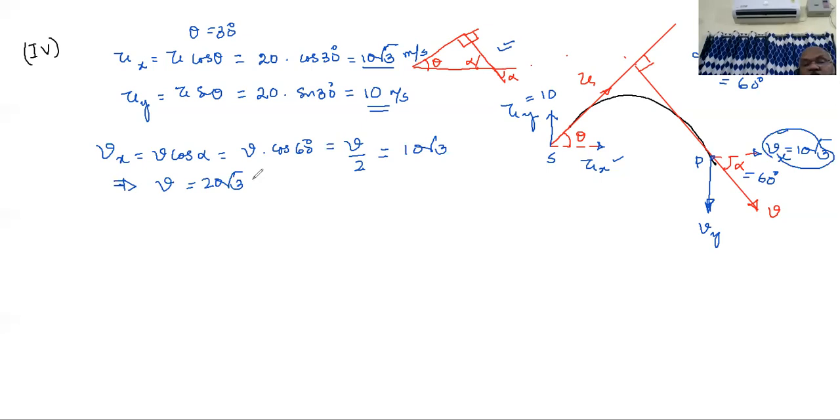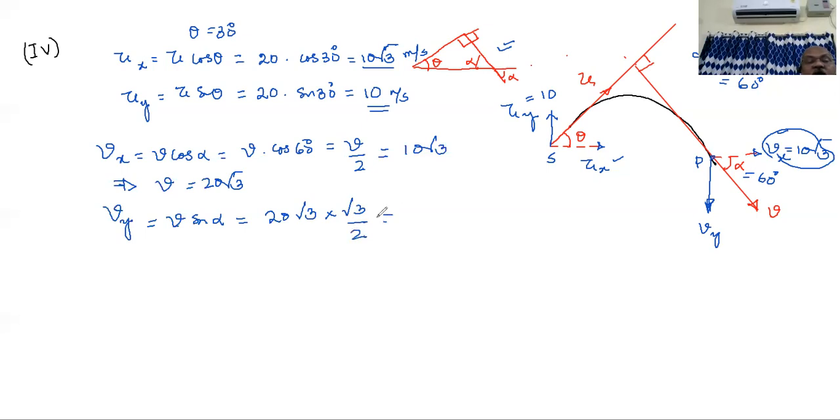Meter per second, obviously. Now going for the other part of the velocity, as per the component formula, Vy will be equal to V sin alpha. We know V, already we got that, it is 20 root 3. Sin alpha, alpha is 60 degrees and sin 60 equals root 3 by 2.